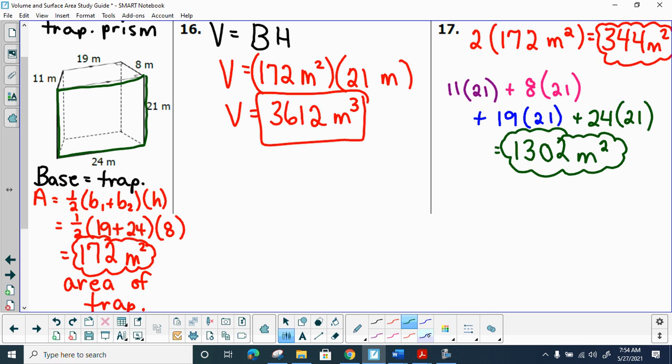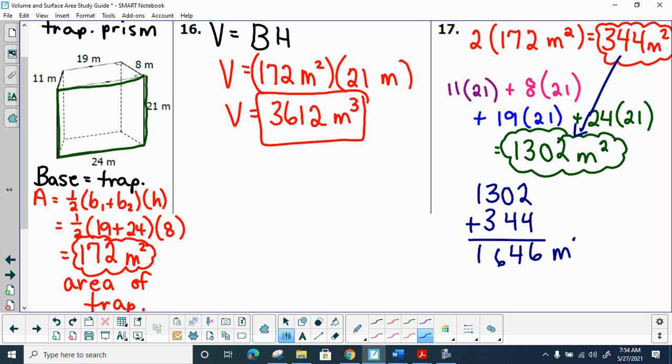Now let's just add that with the trapezoid areas. And you get a grand total of 1,646 square meters for the surface area of this trapezoidal prism.